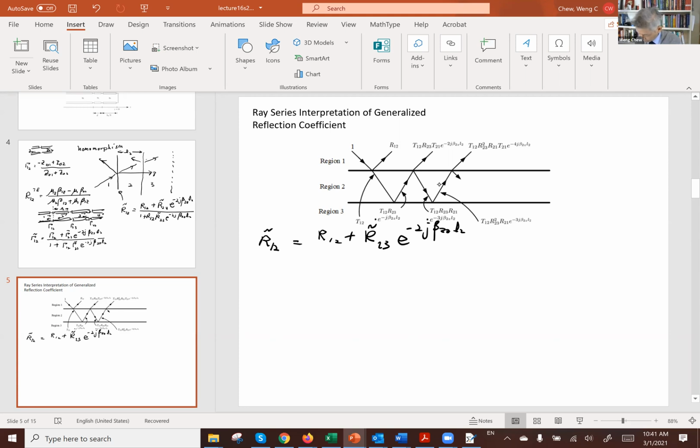The term that we have to add and subtract is this term over here, which is R12, R23, e to the minus 2j beta 2z L2. And I'm going to remove the tildes because I only have 2 layers here, 2 interfaces, so that there's no multiple reflection beyond region 3.